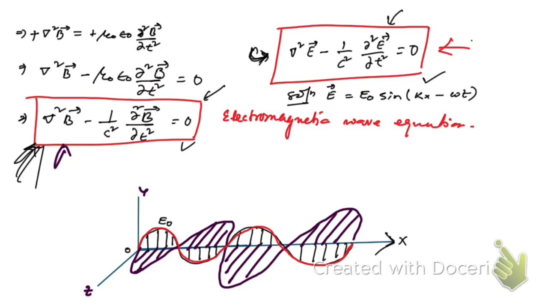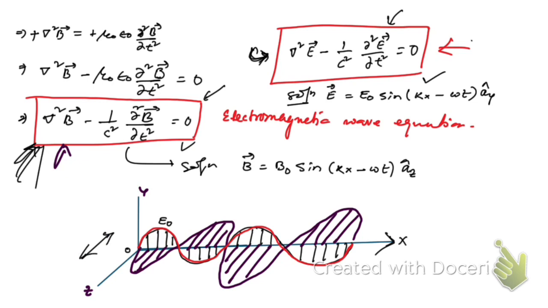So let me write the unit vector along the amplitude in y direction. Let me write ay cap, right? And similarly, the solution of this equation can be written as vector B. So B naught, that's the amplitude of the magnetic wave, here you see we're going to have sine kx minus omega t, here az cap, because the magnetic wave is oscillating along z direction, right and left, okay?